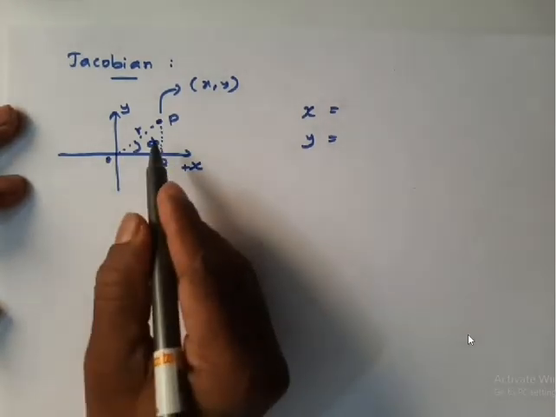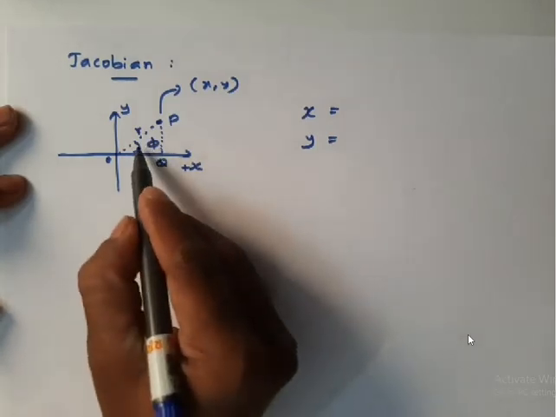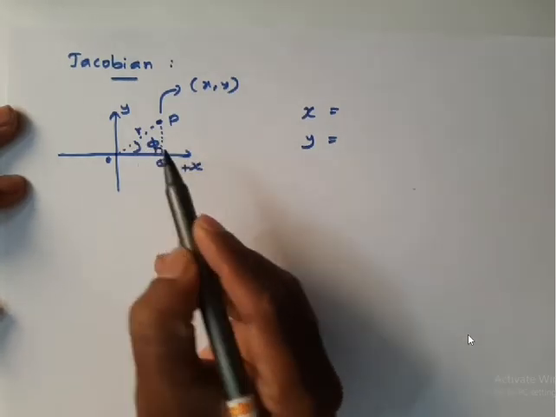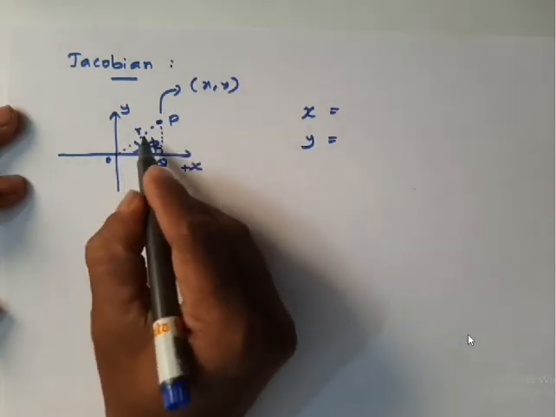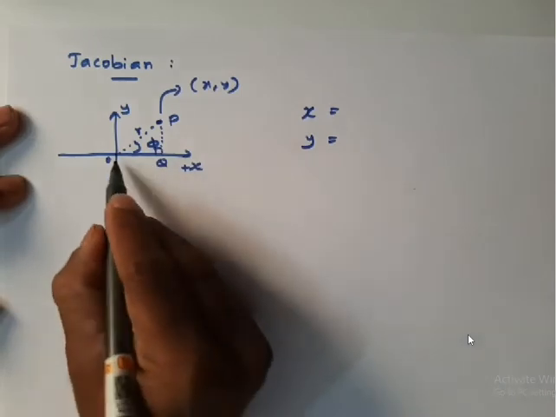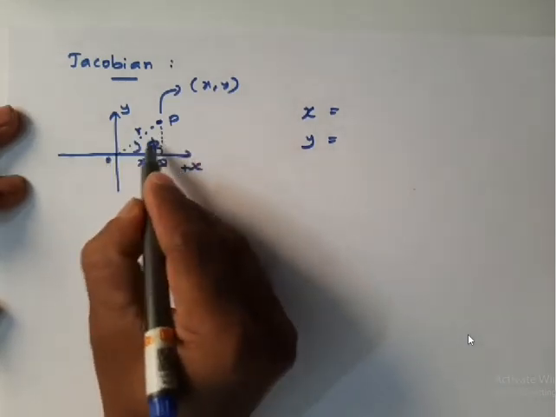In this triangle OPQ, this is the opposite side and this is the hypotenuse. So the hypotenuse is r, the adjacent side is x and the opposite side is y.